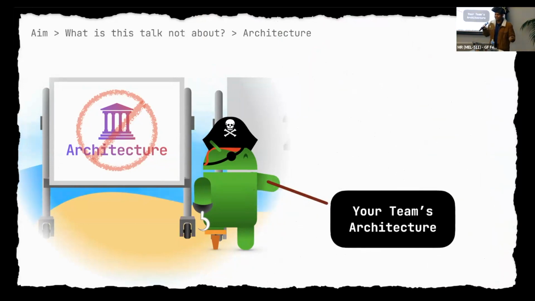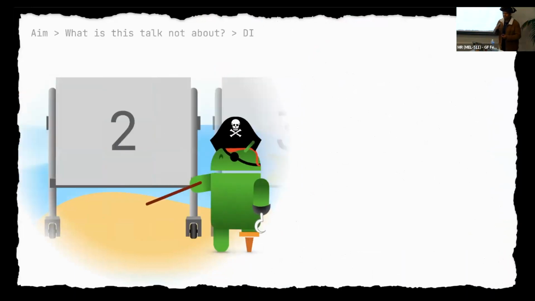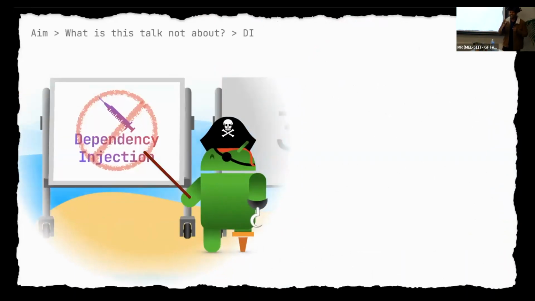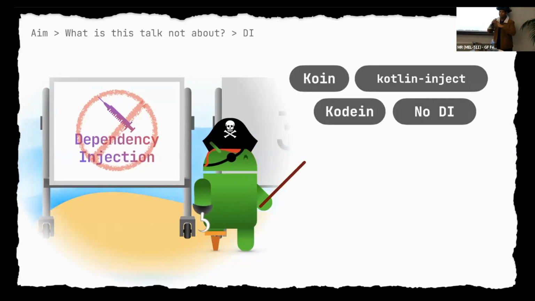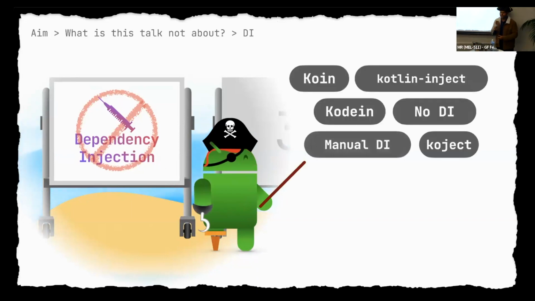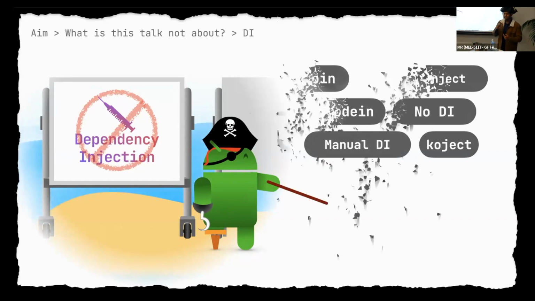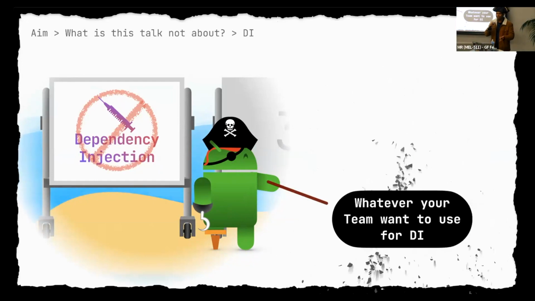Navigation is just navigation. As a team, you have to decide that yourselves. And number two, we're not going to be talking about dependency injection. Again, there's a whole bunch of different tools you could use for this, and it's not the navigation library's responsibility to tell you what tool to use.